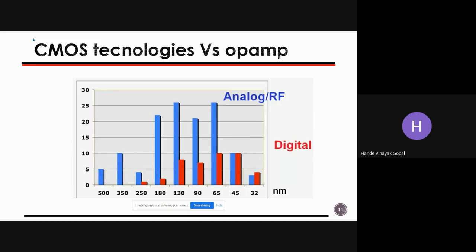Red represents digital MOSFETs, and the blue chart represents analog MOSFET or RF MOSFET, right? At 65, 45, and 32 it is quite interesting, because at 65, if I'm designing the operational amplifier using the analog MOSFET, you have a very high gain.